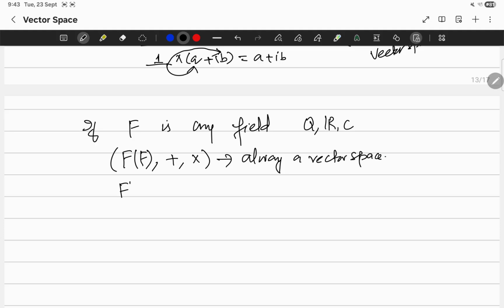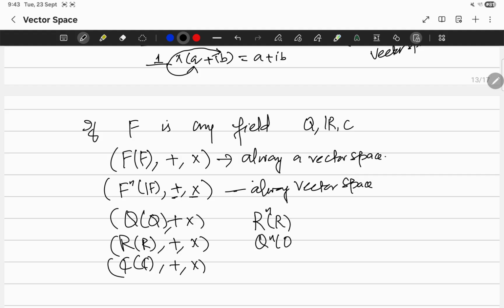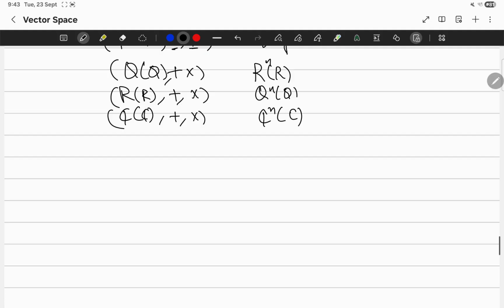Even F^n over F with the usual addition and multiplication is always a vector space, like Q over Q, R over R, C over C. Similarly R^n over R, Q^n over Q, C^n over C. These are always vector spaces.